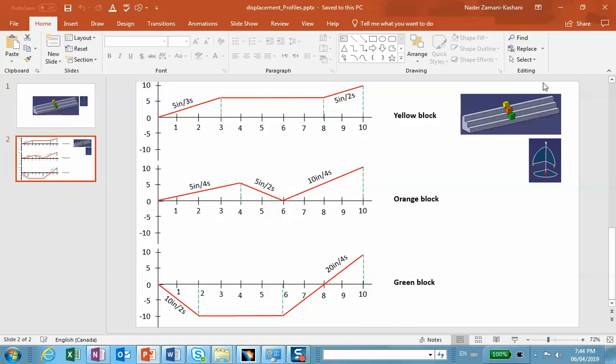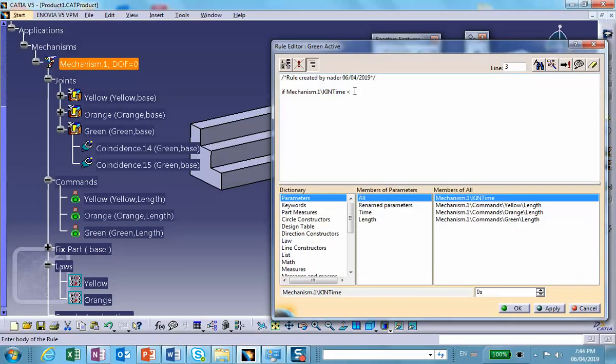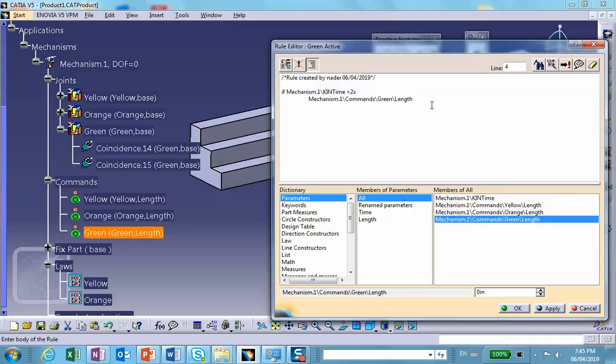Okay, so let's see now. It's easy to make a mistake here. Let me make this thing 10 inch in 2 seconds. So this is going to be less than 2 seconds. The third command, the green command, is equal to negative 10 inches in 2 seconds times time.